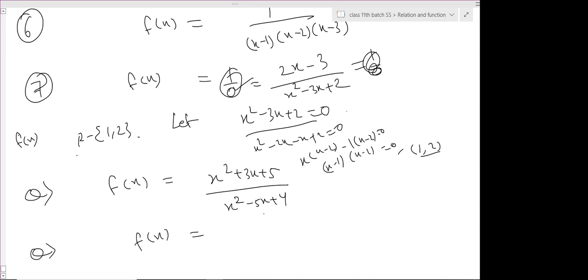F of x equals to 1 upon x square plus 3x plus 5.